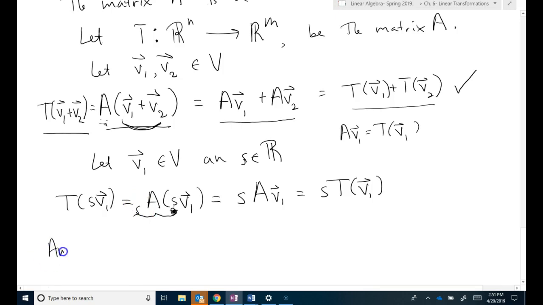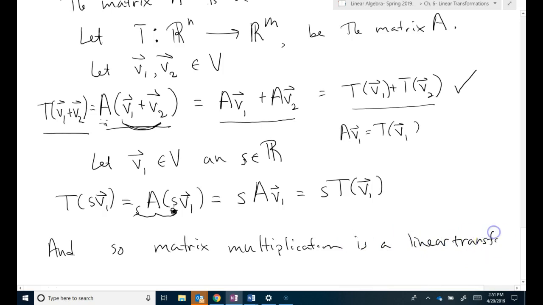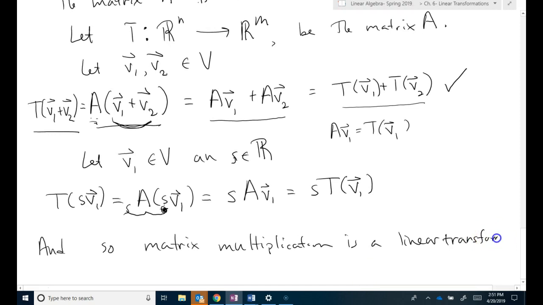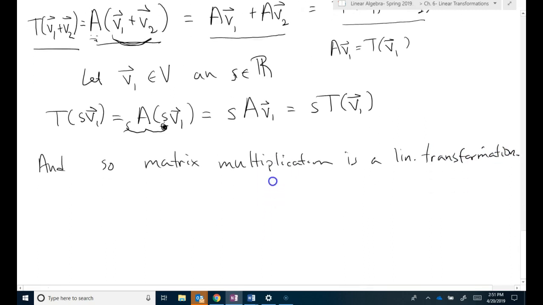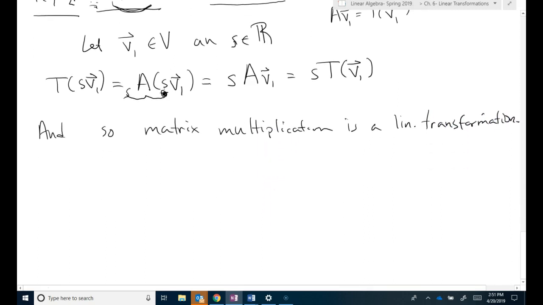And so matrix multiplication is a linear transformation. It is a linear transformation. There you go. All right, that's a cool example.